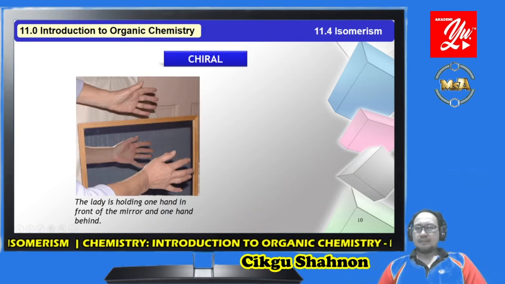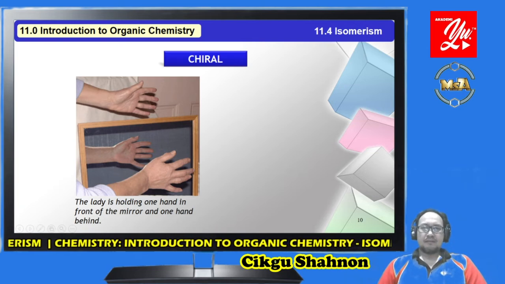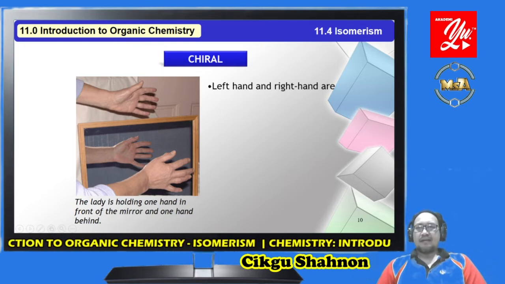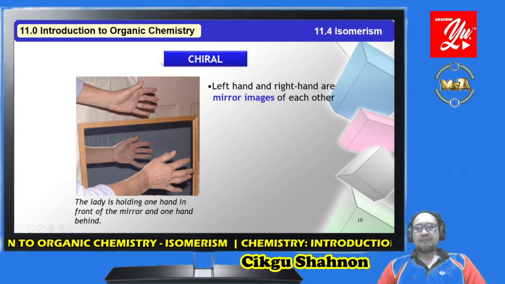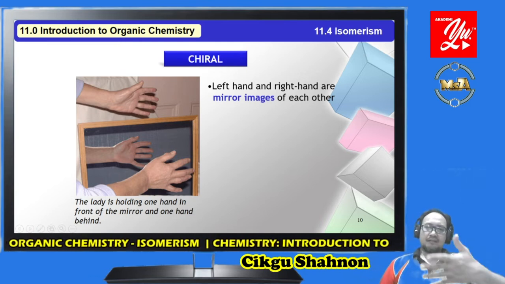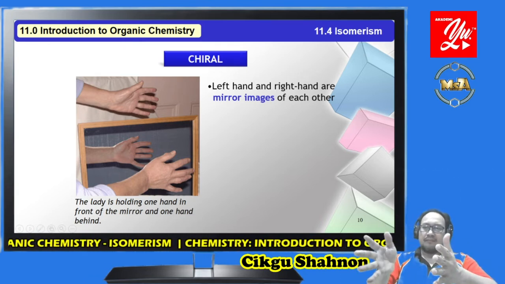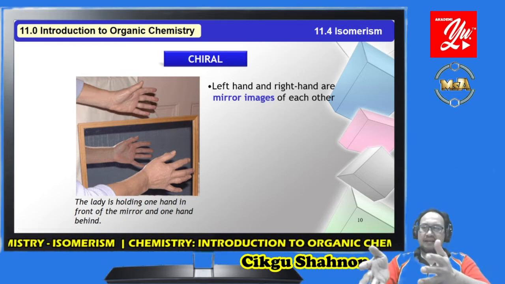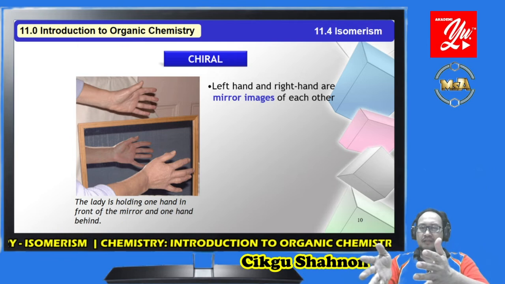Okay, now we go to chiral. What is chiral? The lady is holding one hand in front of the mirror and one hand behind. As we can see, this is a mirror image of her hand. Left hand and right hand are mirror images of each other. This is our hand, and this left and right hand cannot superimpose each other.